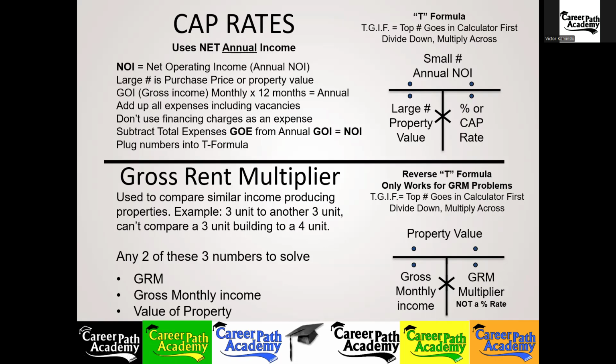It's just a whole number used to compare two things. And I'll show you how that works. But these are the two formulas you need to know. And remember, compare a 3-unit building to another 3-unit building. You can't compare a 3-unit to a 4-unit. You've got to compare apples to apples, so to speak.